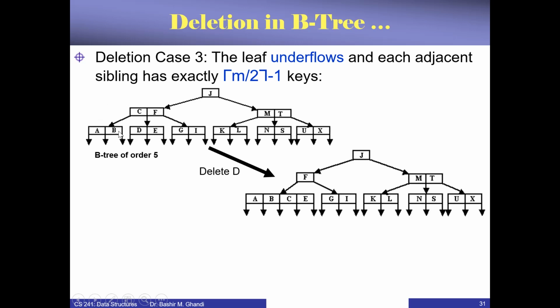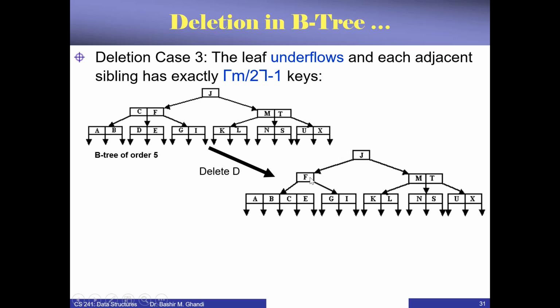So the elements in the left plus the common parent C plus E will form one complete full node, A, B, C, E. But this has created a problem because the parent here has only one key. And we know in a B tree of order 5, only the root is allowed to have one key.